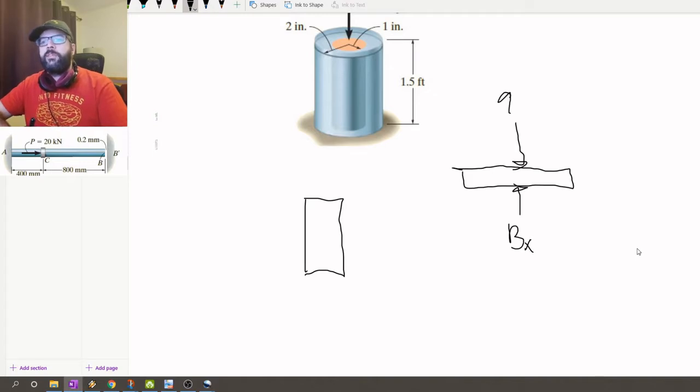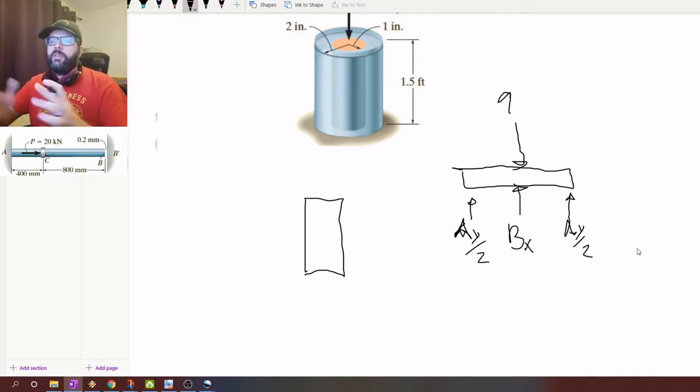And then we're going to have some sort of reaction from the aluminum. It's equally distributed around the ring, so I'm going to represent it by Ay over 2, Ay over 2 on either side.